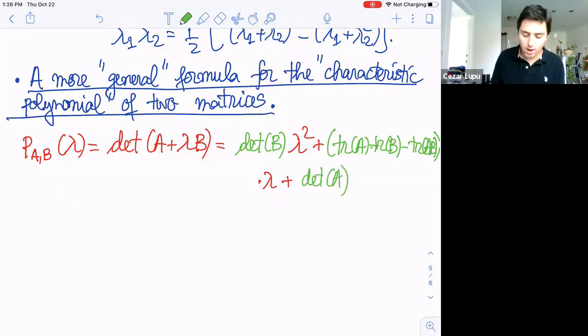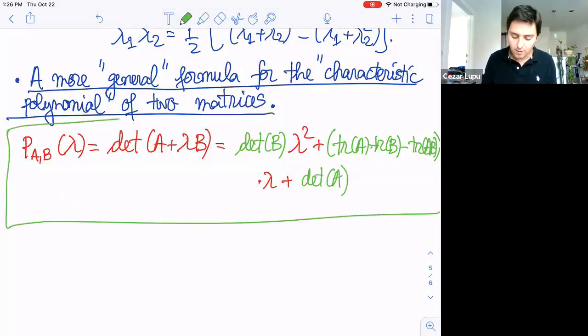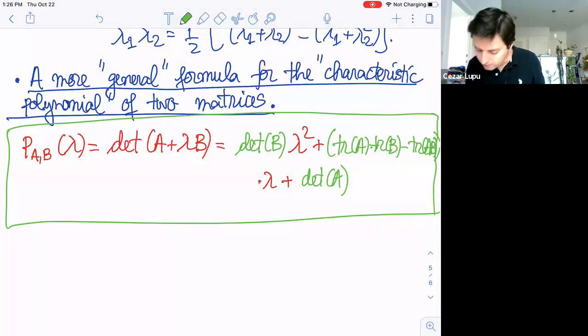So this is how we can write this. And of course, if you take B to be the identity, I hope you can see this here. Is it clear? You can see the coefficient. So this guy here is the trace of AB.